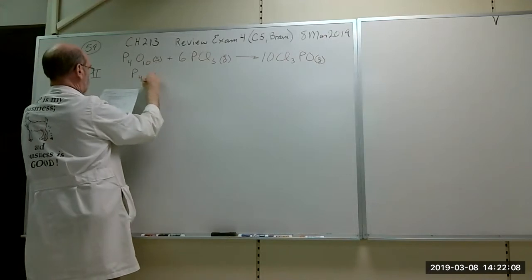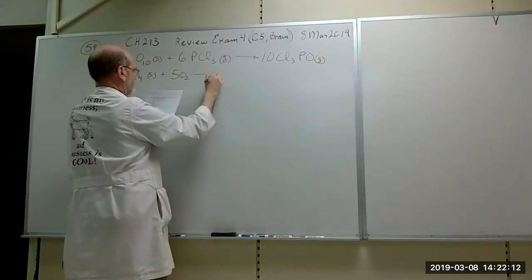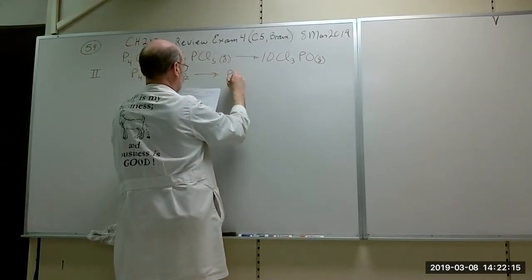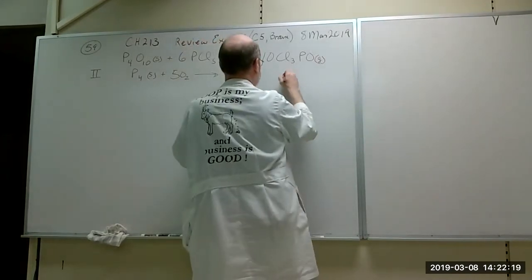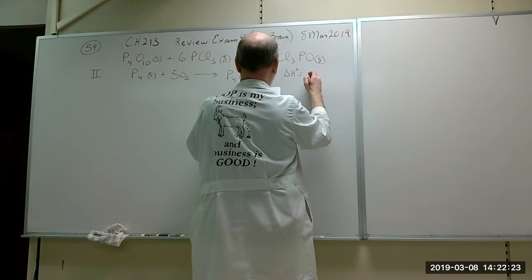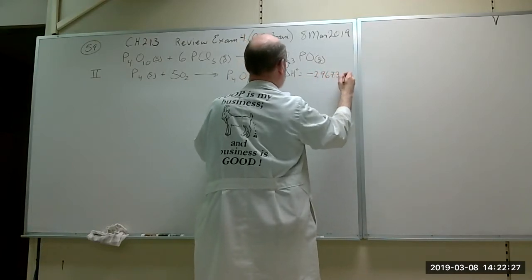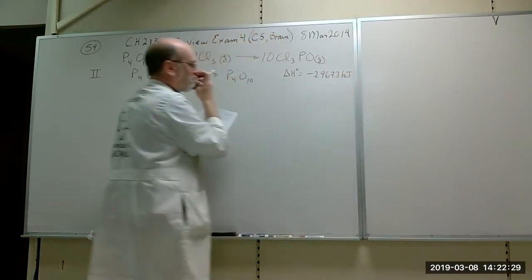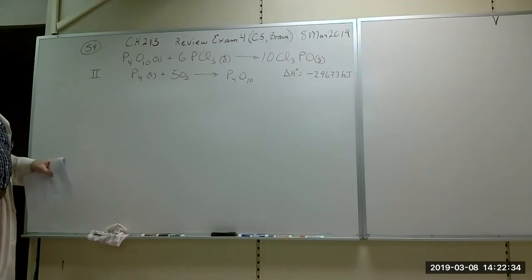P4 plus 5O2 yields P4O10, and then the delta H is equal to minus 2967.3 kilojoules. Okay? Now, what's wrong with that equation?